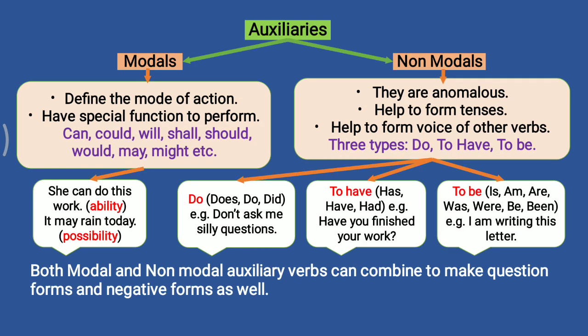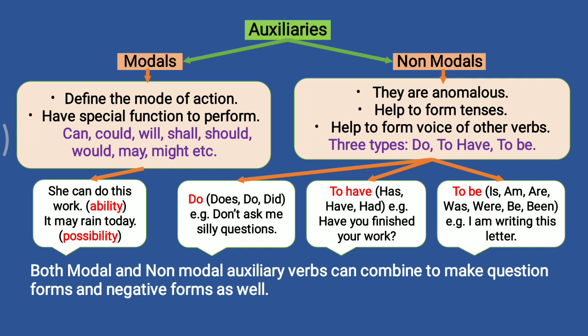So auxiliaries can be classified into two parts that are modals and non-modals. First of all, modals. They define the mode of action. They have special functions to perform, such as can, could, will, shall, should, would, may, might, etc. They are modals.